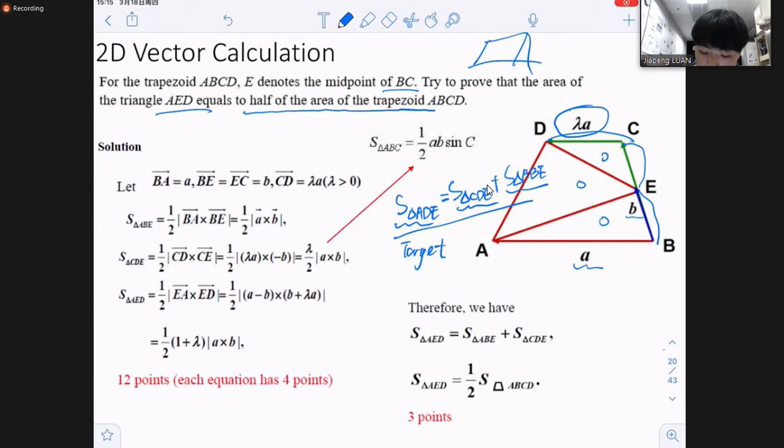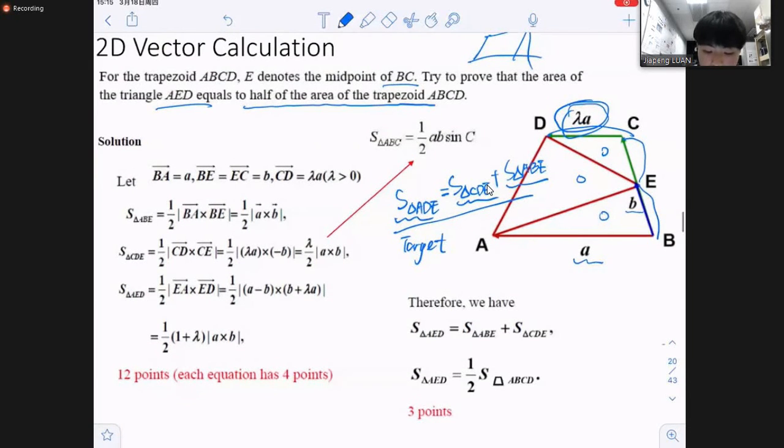So you can say that this is lambda A. And then to calculate the area of ABE, it is half A cross B. And then the area of CDE, this is B, so it's half of B cross lambda A.